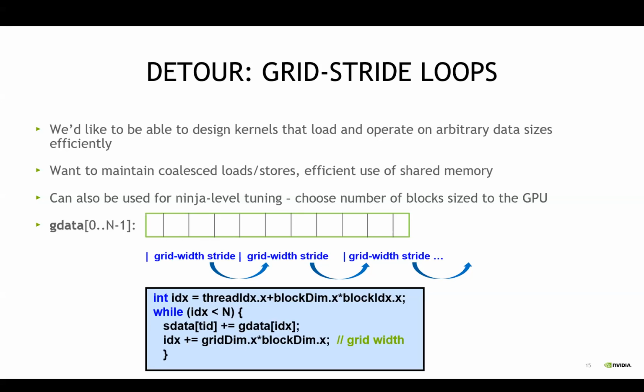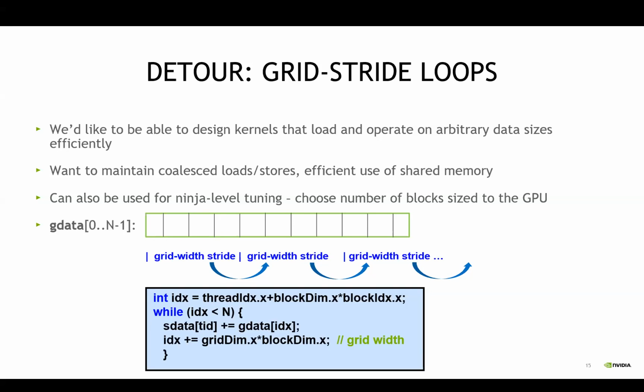And in order to do that, we want to introduce a new concept. This new concept is called a grid stride loop. The goal here is that we'd like to be able to create kernels that work with a decoupling between the size of the kernel, in other words, the size of the grid, how many threads are performing my operation, and the size of my data set.